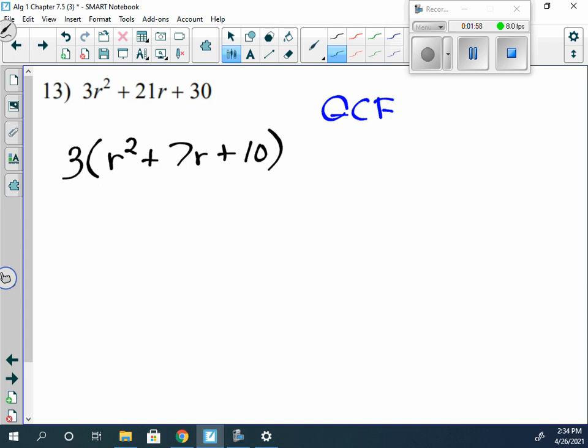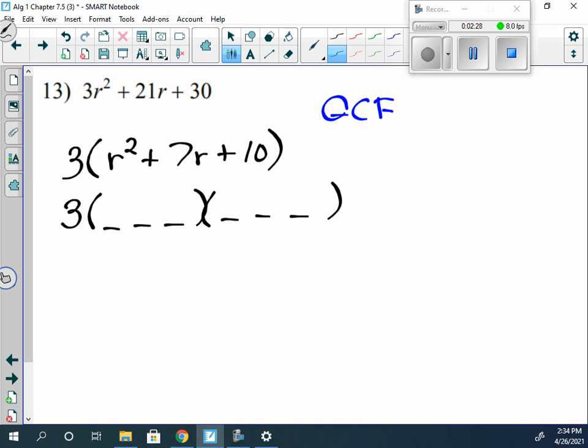If r squared plus 7r plus 10 is not factorable, if I cannot write it in two sets of parentheses, then yes. But if it is, then we need to factor it. So all the stuff we've done up to this point, there's not been a value in front of the squared term, the variable squared term.